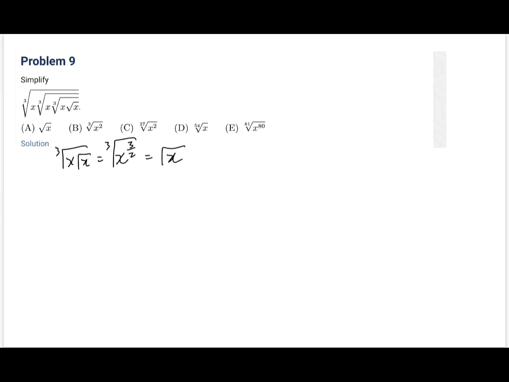And then put x over it, then it's x times this, so it's x to the 3/2 power. Oh, so it will be the same situation over and over again, right? So it is going to become x to the 1.5th power, root x, x to the 1.5th power, root x, x to the 1.5th power, and then root x. So it's root x. The answer is A.